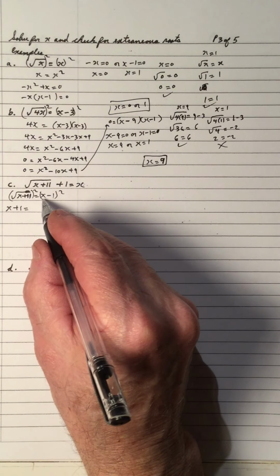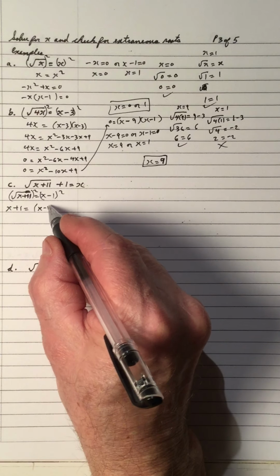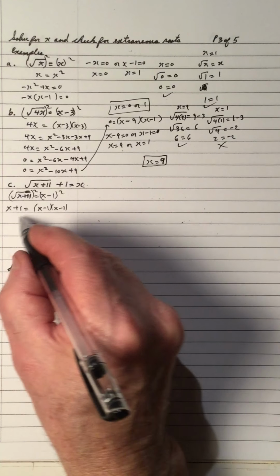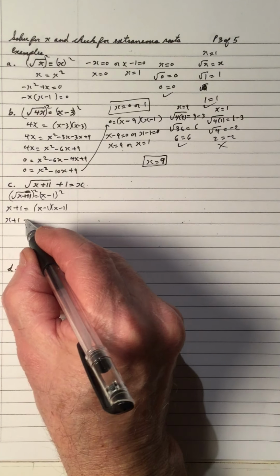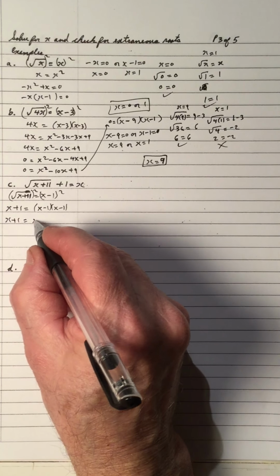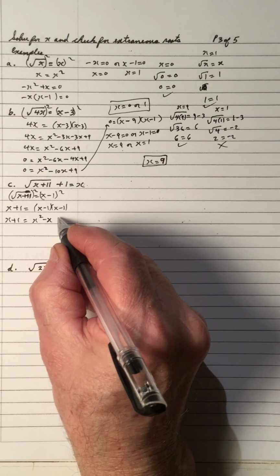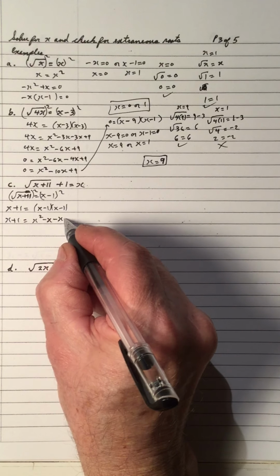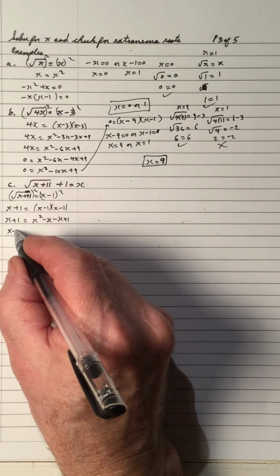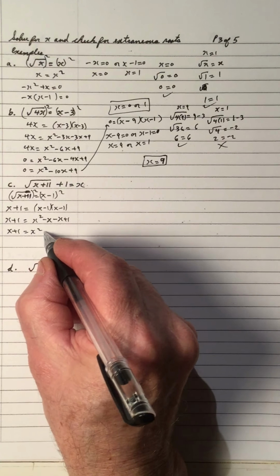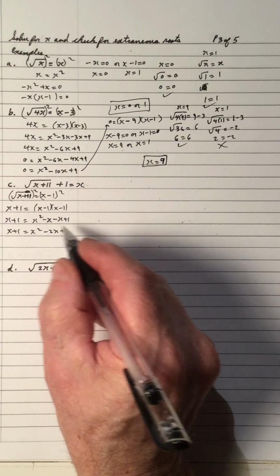And we have x minus 1 times x minus 1. And we have x squared minus x minus x plus 1. So x plus 11 equals x squared minus 2x plus 1.